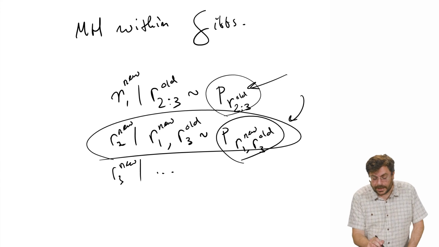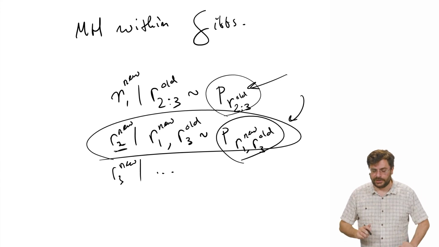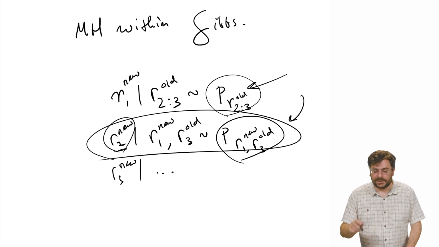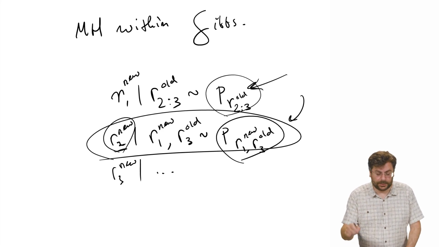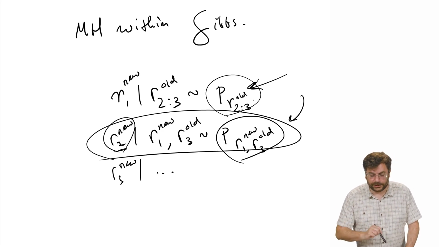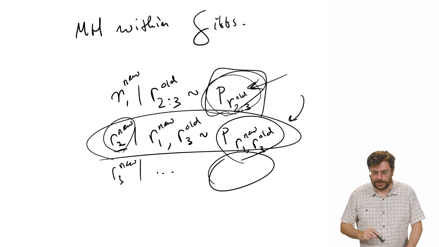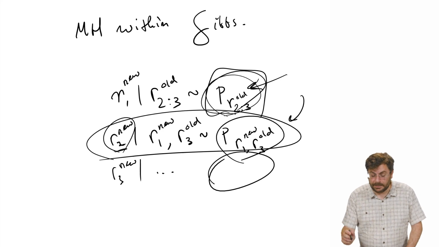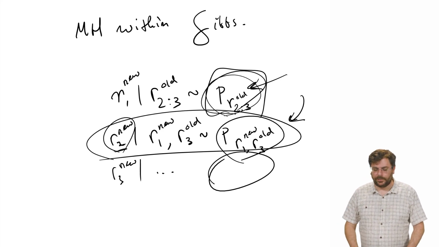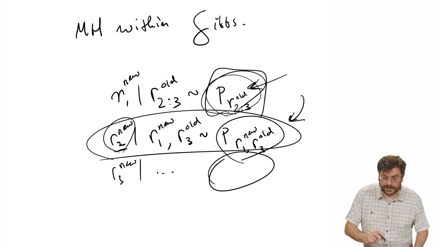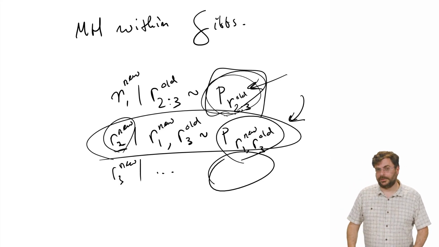Why is that? I'm still drawing samples from a one-dimensional distribution. I'm drawing samples for R2. So even if I cannot construct a conditionally conjugate posterior or an analytic target distribution from which I can sample for each one of these cases, I may be able to do it for some intermediate case, for one step where I may have to invoke Metropolis Hastings.